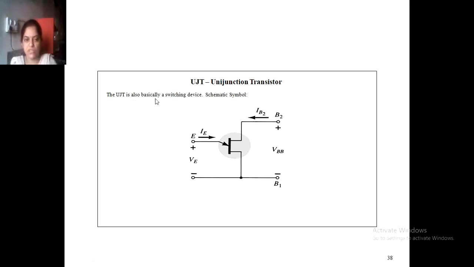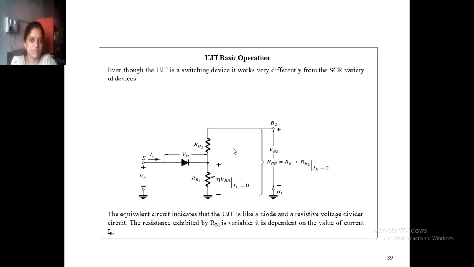So the UJT is also basically a switching device. For that, the UJT emitter has input current IE, and at the output side V1 and V2, and the output current is IB2. Even though the UJT is a switching device, it works very differently from the SCR variety of devices.